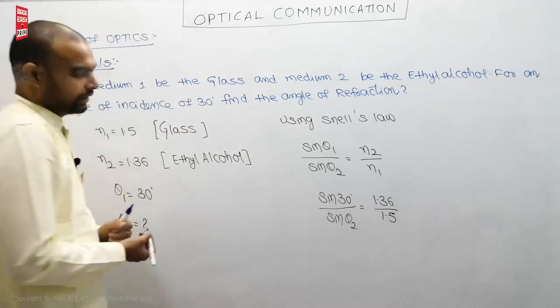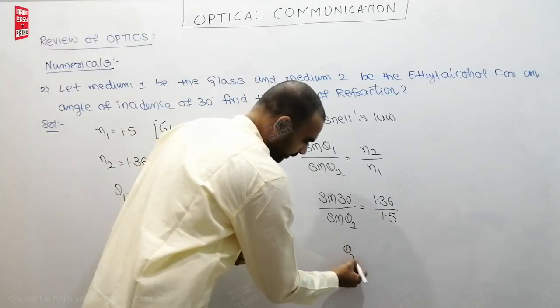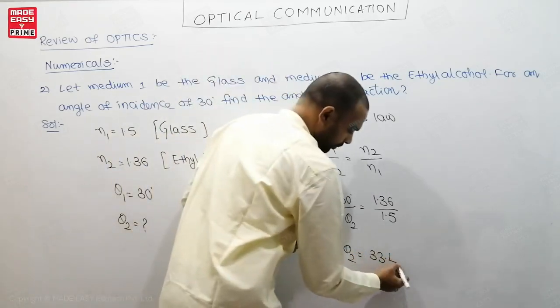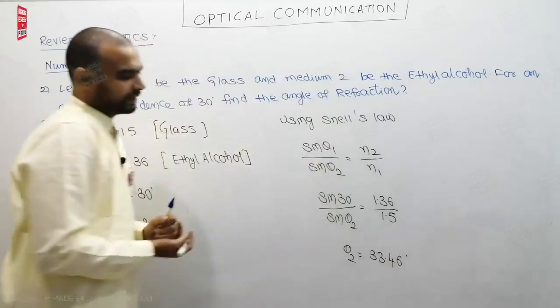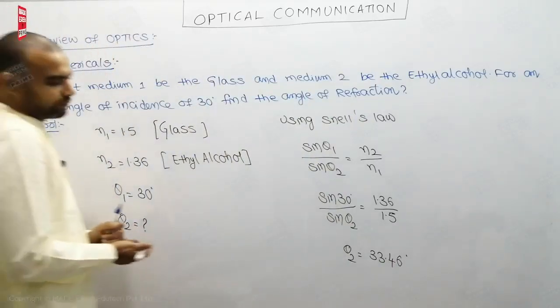Using your calculators, we get the value of theta 2 as 33.46 degrees. That is the theta 2 value.